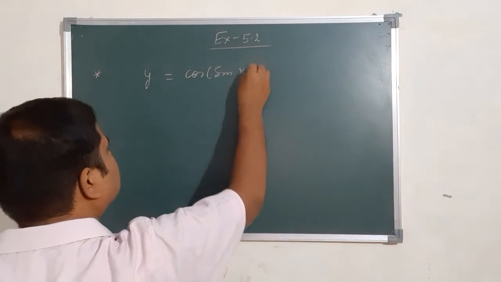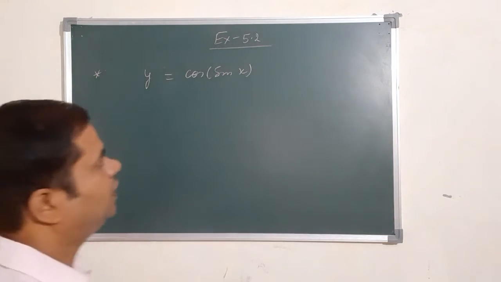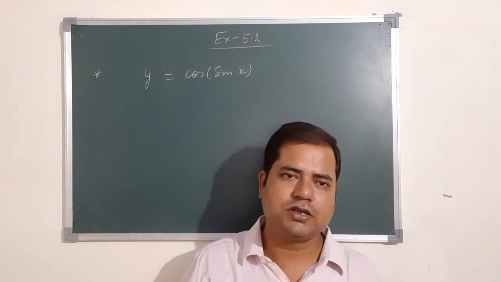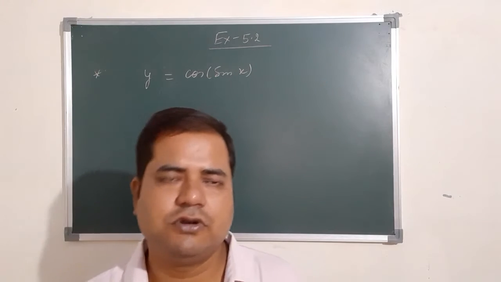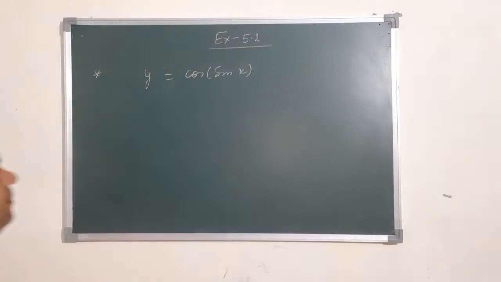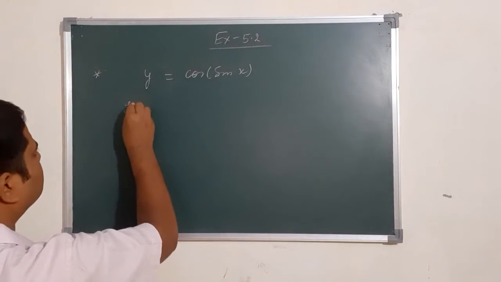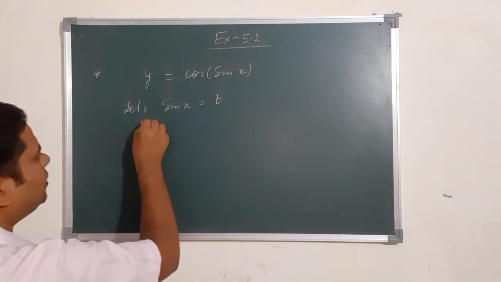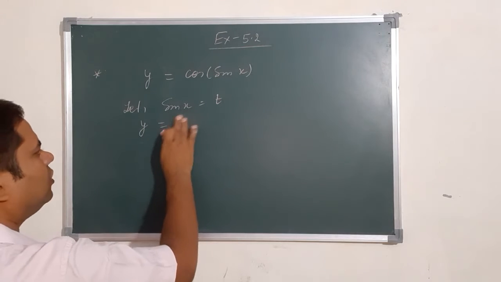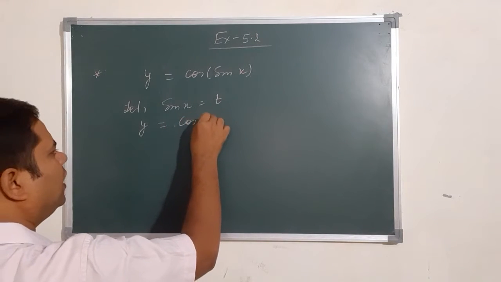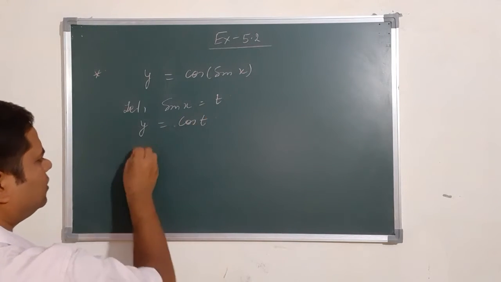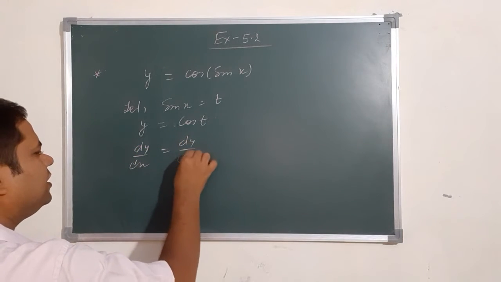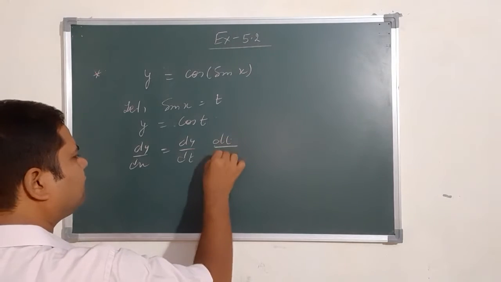Now differentiation starts. Whenever you suppose a function, for finding its derivative, you must suppose y is equal to something and then continue. So let sin x is equal to t, then this becomes y is equal to cos t, and dy by dx is dy by dt and dt by dx.